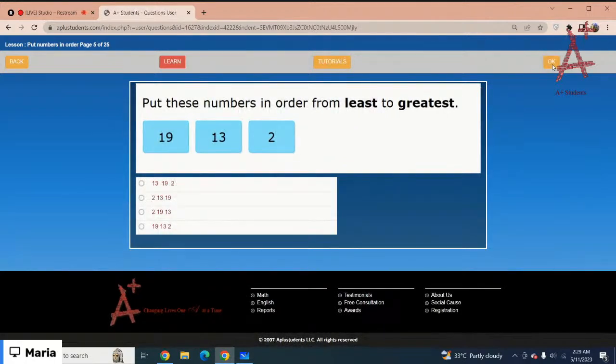Okay, put these numbers in order from least to greatest. 19, 13, and 2. Which is the correct option?